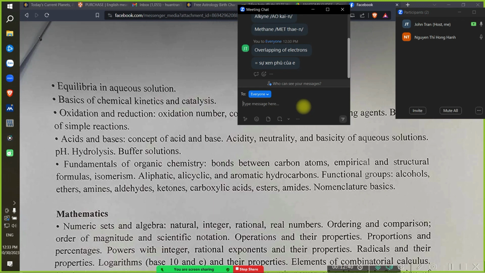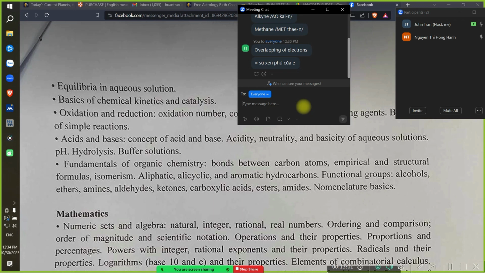Okay, so what's the next part? Empirical and structural formula? Thầy, em có cái câu hỏi. Yes, please. When I learned about hybridization, they just gave me an example, so I don't really understand the system of it.